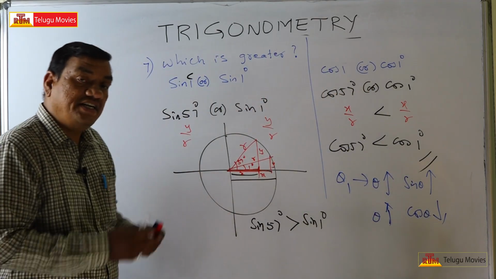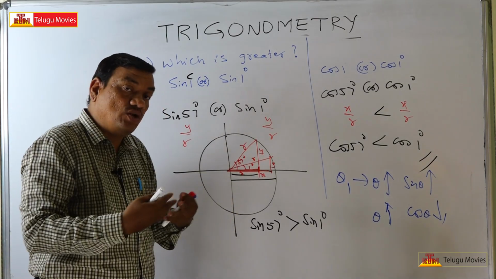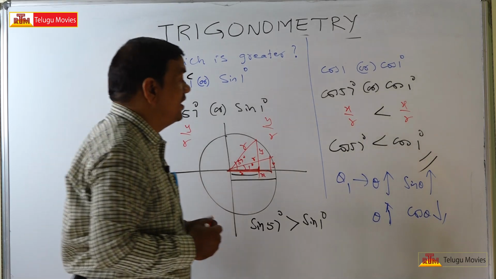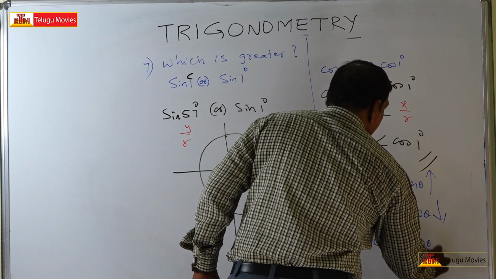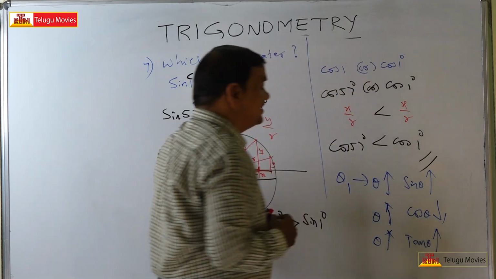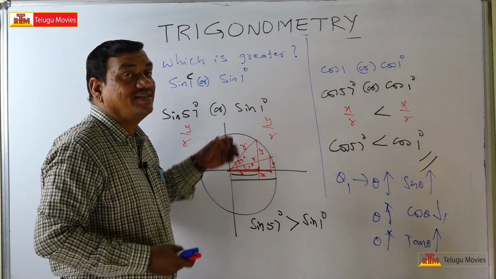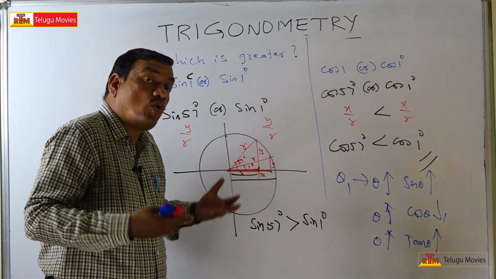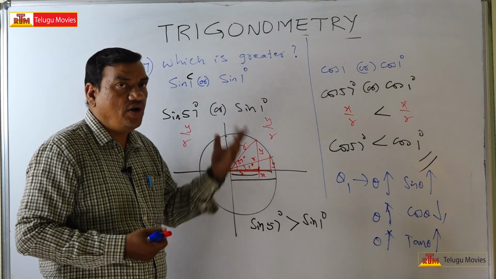Why? As theta increases, the adjacent side goes on decreasing. As theta increases, tan theta also increases. Why? Here the y value goes on increasing, and the x value, the denominator, goes on decreasing. Therefore the whole fraction y by x goes on increasing.